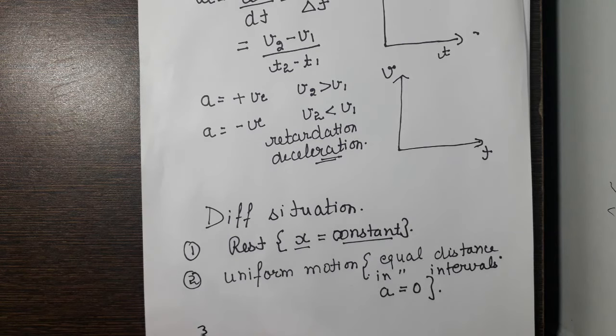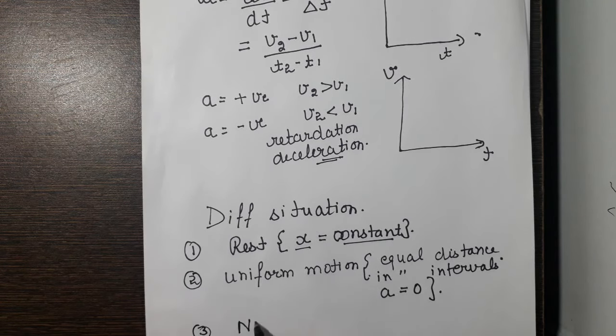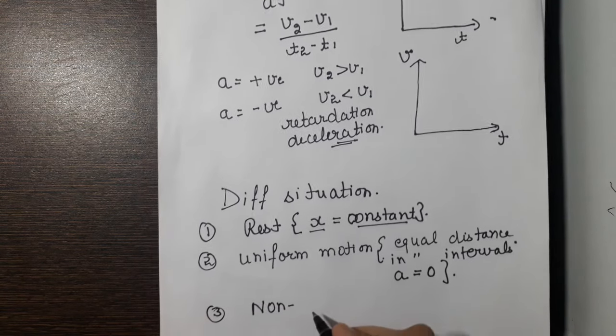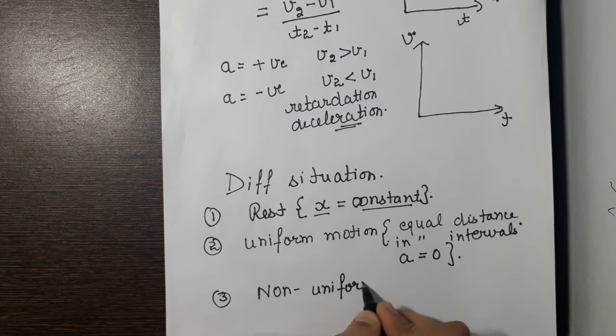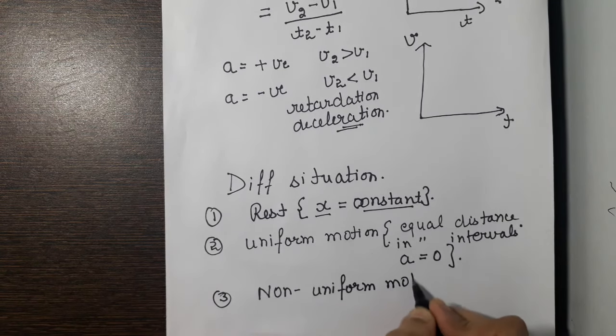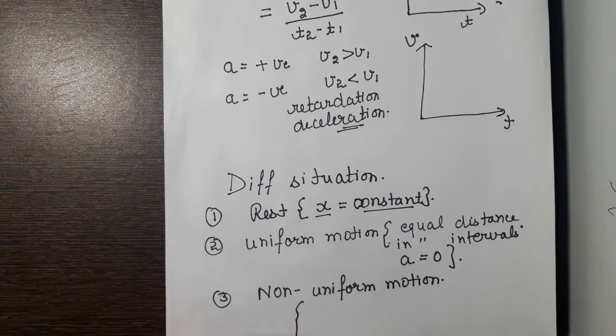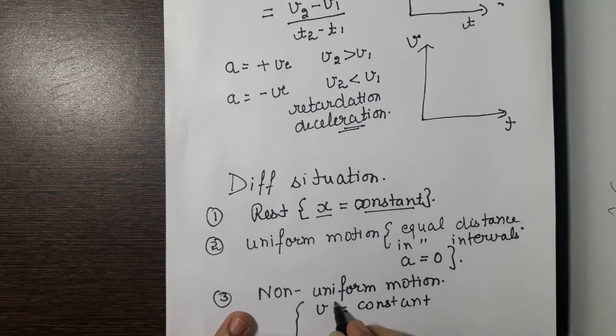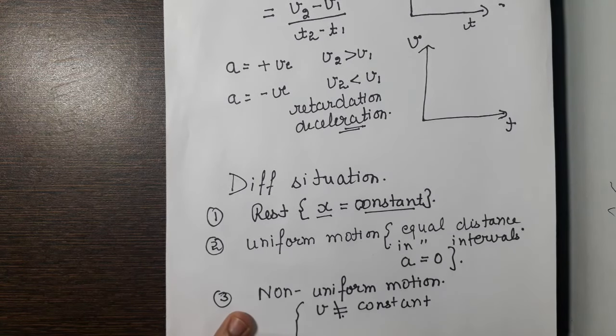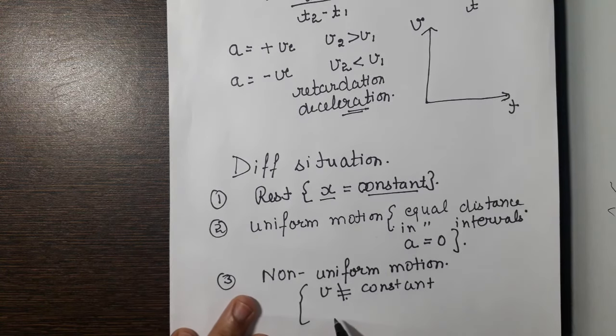And next situation is non-uniform motion. In non-uniform motion, velocity is not constant, because velocity will be varying with time. So there will be some acceleration, because as we know acceleration is rate of change of velocity.